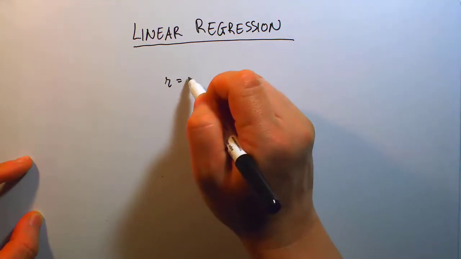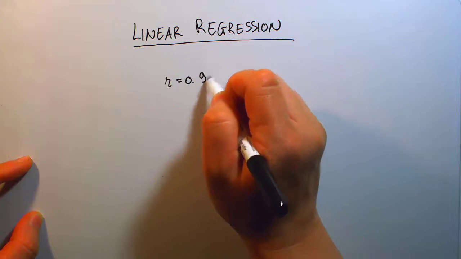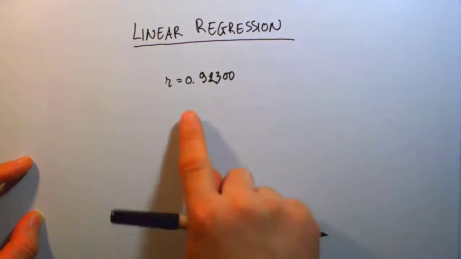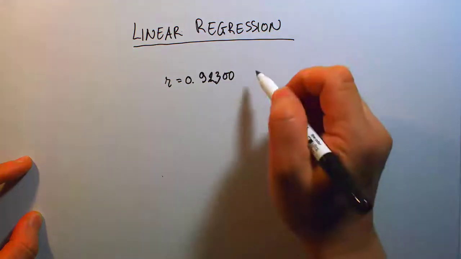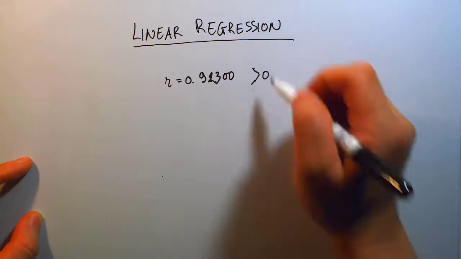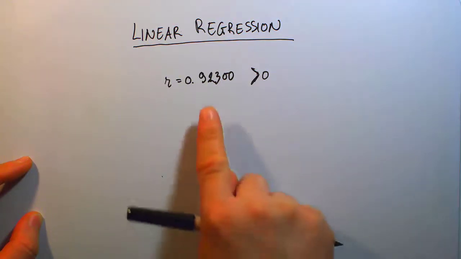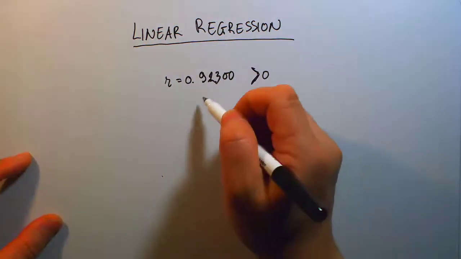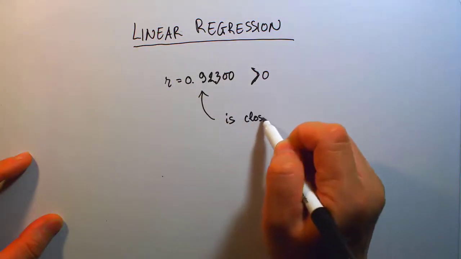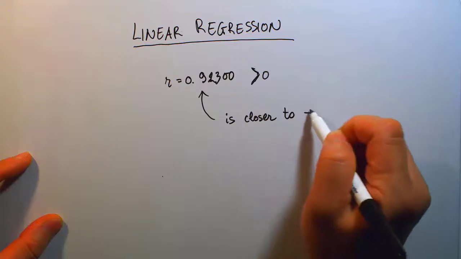In 5 decimals, it's 0.92300, or just 0.923. It's still positive, clearly, because the line is still rising. But now this value is closer to +1.